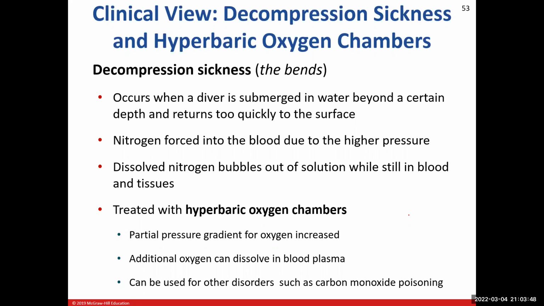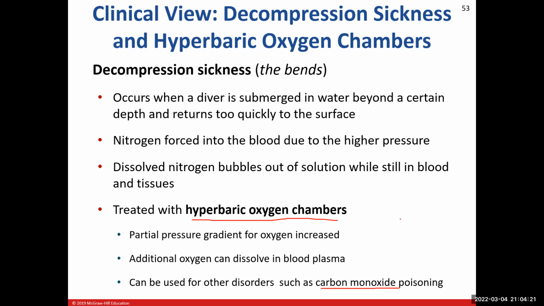Folks that don't come up slowly and disregard what I just said have to go into hyperbaric oxygen chambers, which help to treat that. They also help to treat a number of disorders, for example, carbon monoxide poisoning. Carbon monoxide loves hemoglobin, so it can bind to hemoglobin easier than oxygen can.